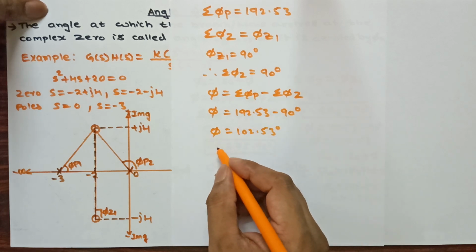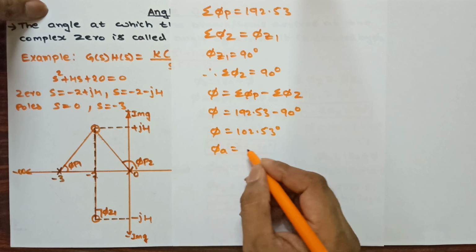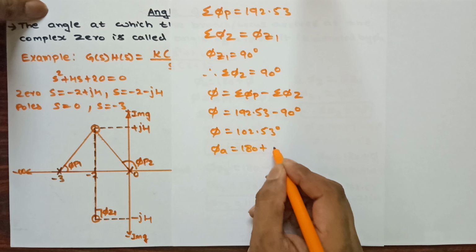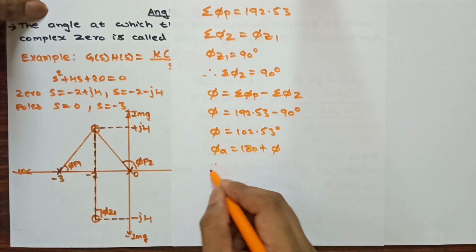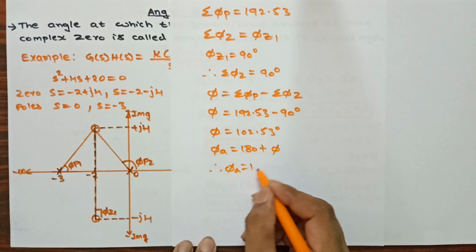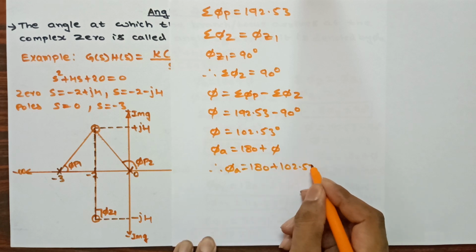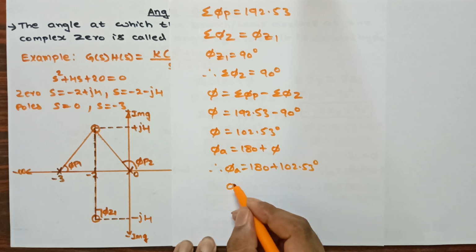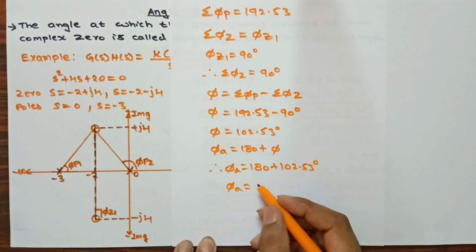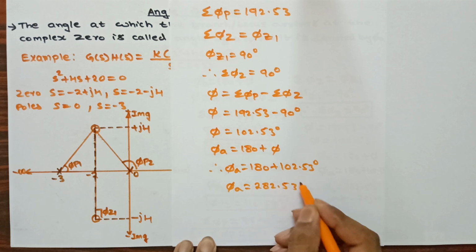Now I will substitute this phi in the angle of arrival formula. Phi a is equivalent to 180 plus phi. Therefore phi a is equivalent to 180 plus 102.53 degrees. Phi a I am getting 282.53.